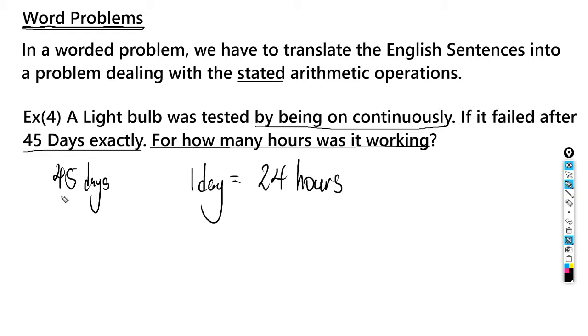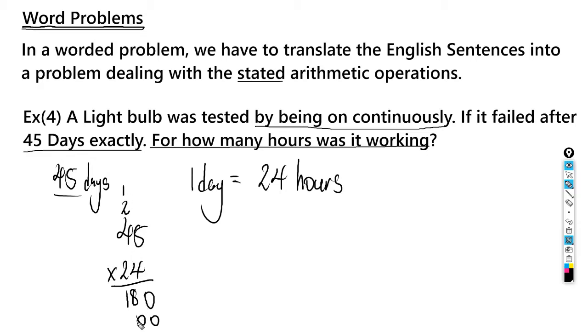We all have the same 24 hours in one day. So all we have to do to find the number of hours it was working for is multiply 45 by 24. So 4 times 5 should give me 20. 4 times 4 should give me 16 plus 2, which should give me 18. Then I'm going to put a placeholder here for this 2. 2 times 5 would give me 10.